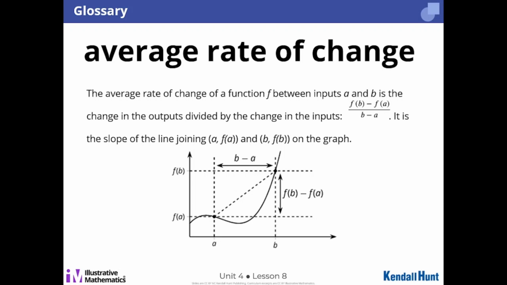And where it has b minus a, you're really taking the second x and subtracting the first x. So even though we're changing how we're representing these things, this is still just your basic understanding of slope. It is still just how much did I change in the y direction divided by how much did I change in the x direction.